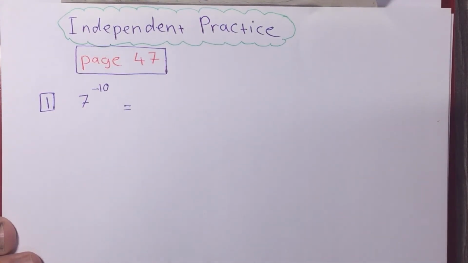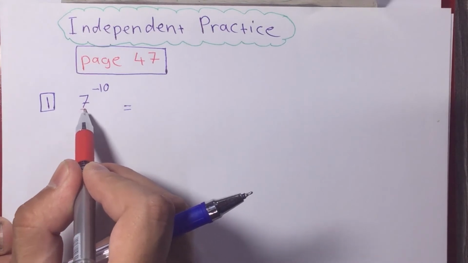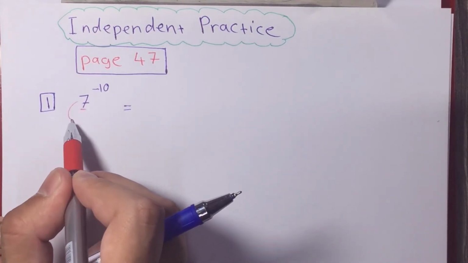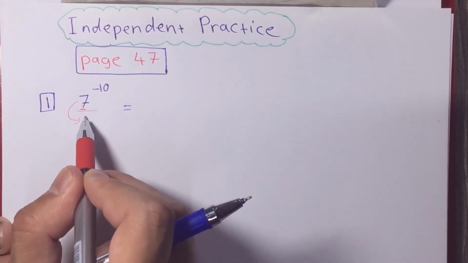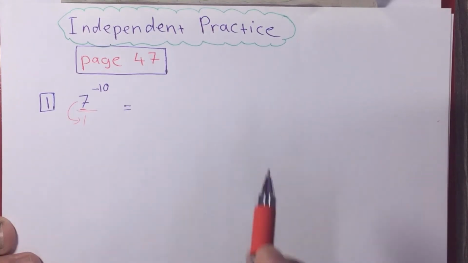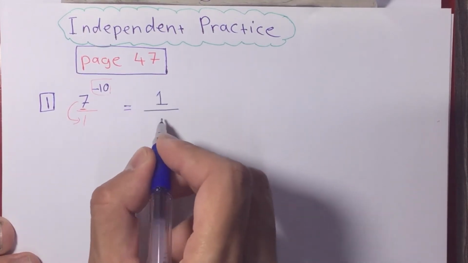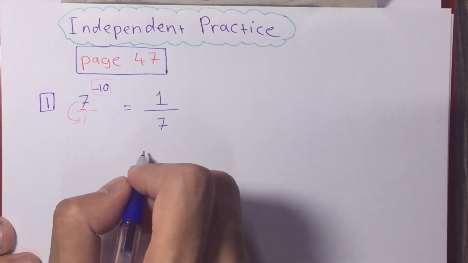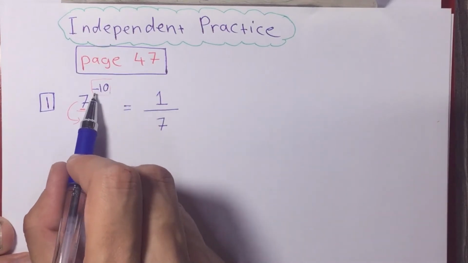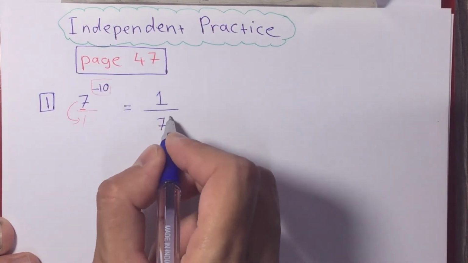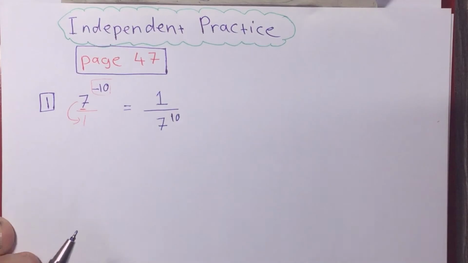We simply change the place of the factor to the denominator, where the numerator is 1, and then change the sign of the exponent. So again, we can write 1 over 7 to the power of how much? 10, positive, not negative. We change the sign. 1 over 7 to the power of positive 10.